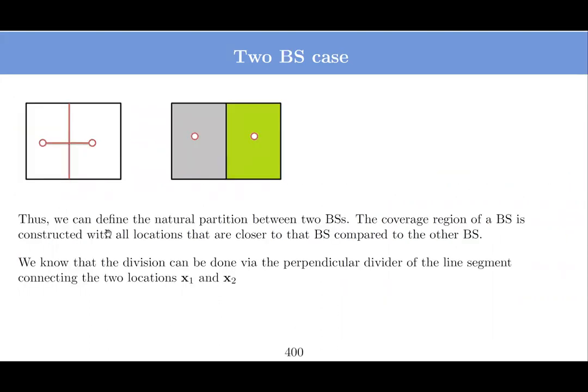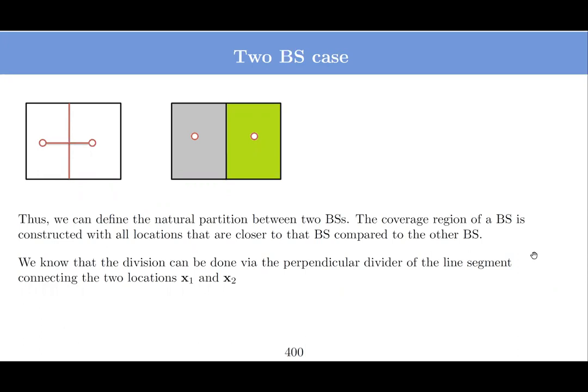So how does this look if you divide the space into two regions? These are two base stations, and all the points for which this one is the closest will be in this region, right?